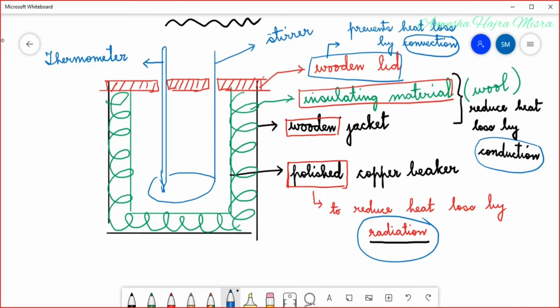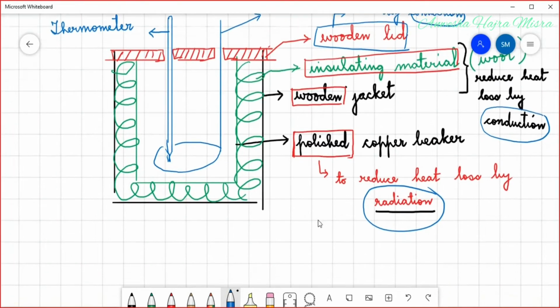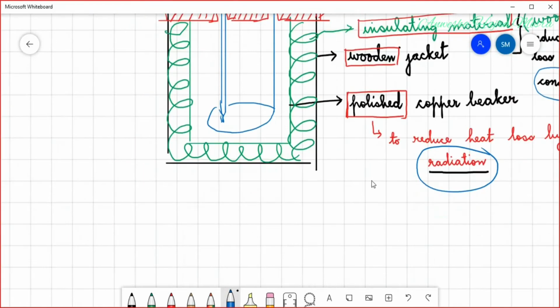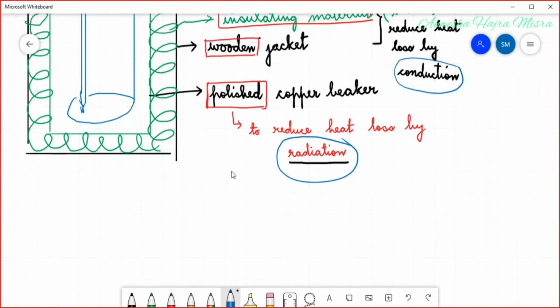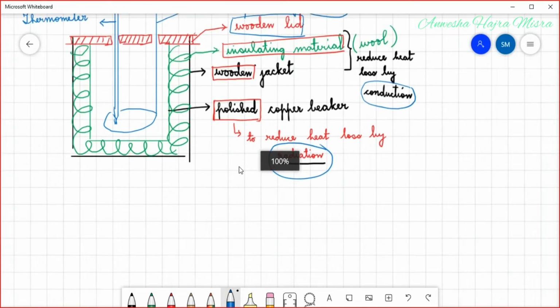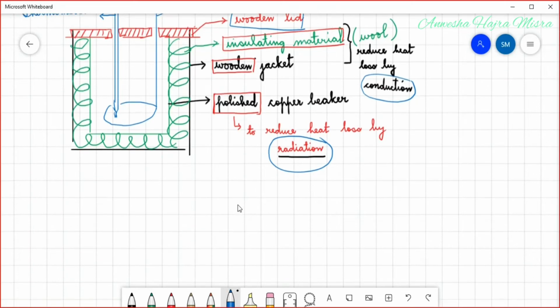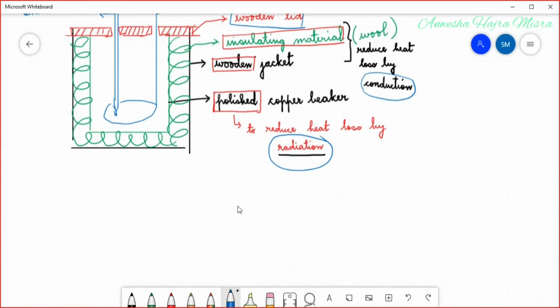Now this calorimeter is used to measure the specific heat capacity of a substance.